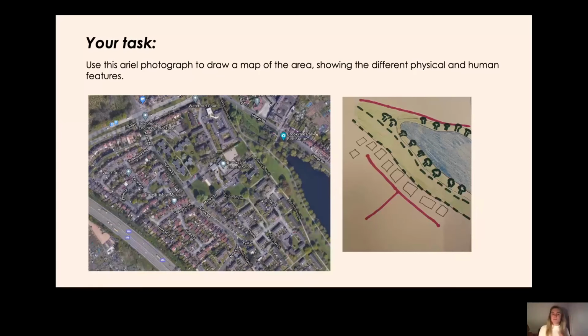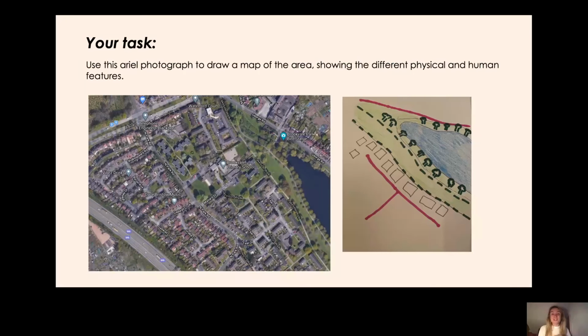So you can pick where you draw your map of. You can draw the map of the whole area or just pick a tiny area. I think the lake area is quite a good area to do because there's lots of physical and human features, but you take your pick where you want to draw your map of from this aerial photograph, and I'm looking forward to seeing your map.